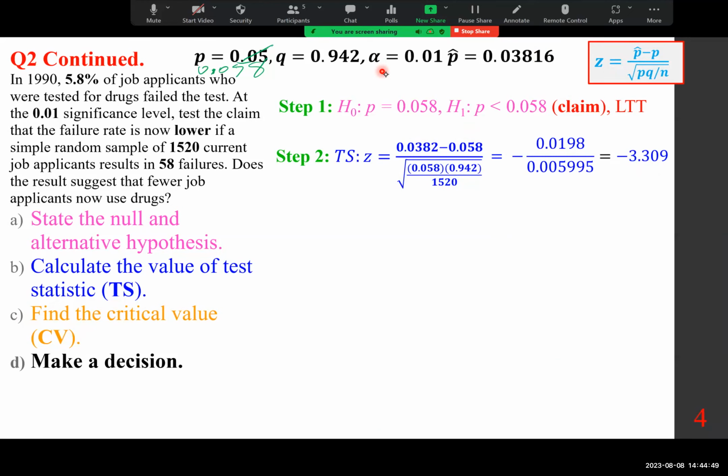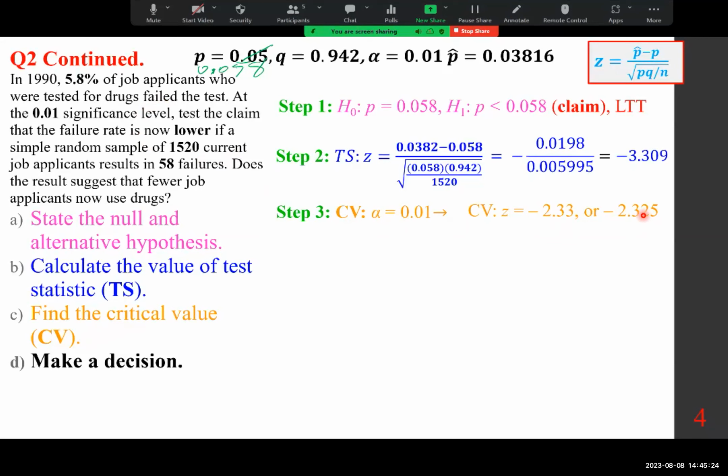Alpha is 0.01. That means the area to the left is 0.01, because it's a left-tailed test. And remember, this is a binomial distribution approximated by normal distribution, and we're going to go to the z. And from the z, we find out that this critical value is negative 2.33, or a little bit more exact, is negative 2.325. So how do we make a decision?